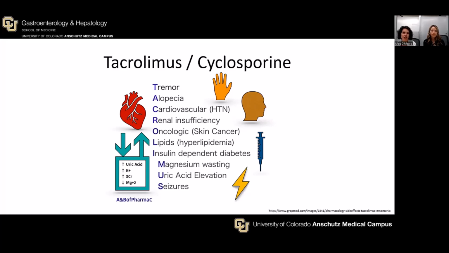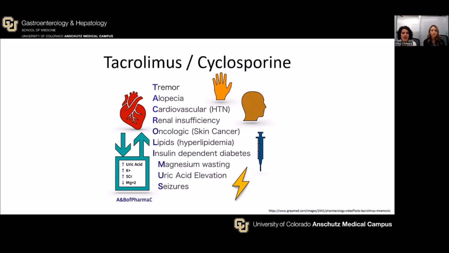O for oncologic or skin cancer risk. Being on tacrolimus or cyclosporin increases your risk for skin cancer pretty significantly. Plus living at elevation, these patients have significantly increased risk, and we rely on the help of dermatologists to help us monitor for skin cancer.